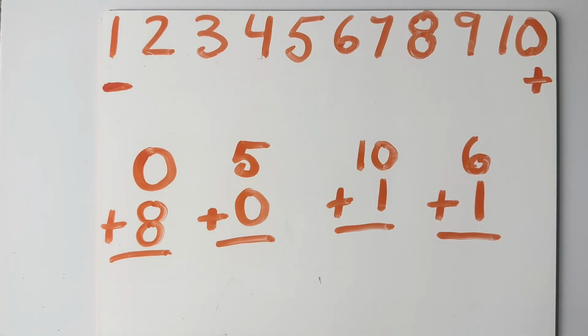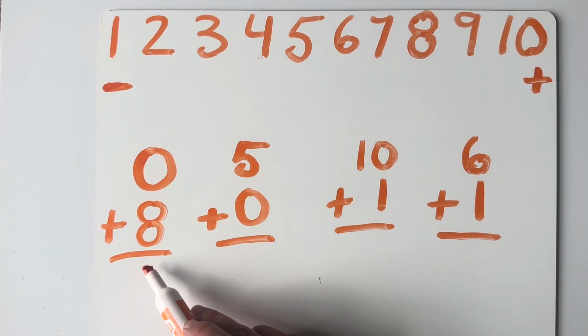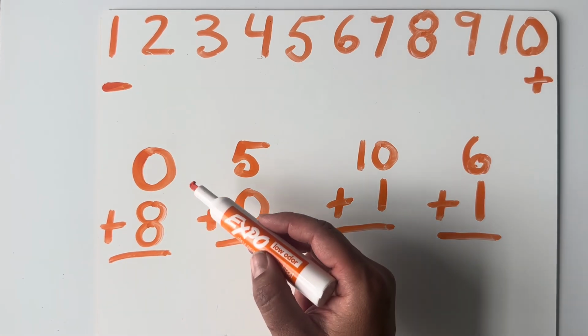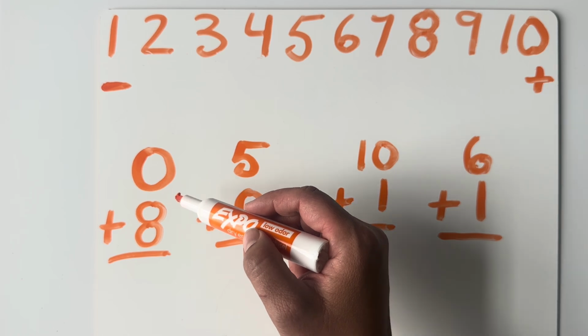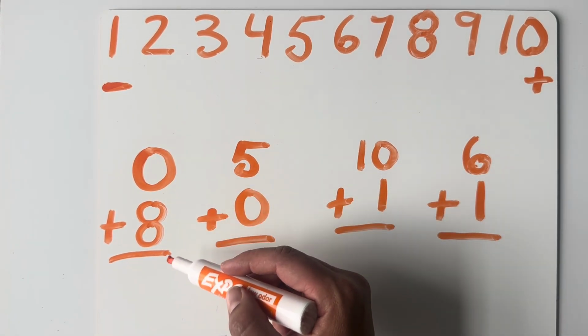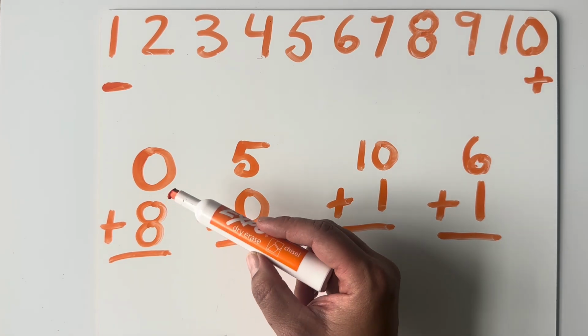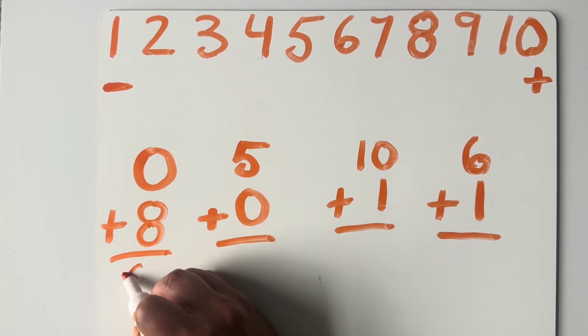Let's review 0 plus really quick. How does the 0 plus song go, Brendan? 0 plus a number equals that number. That's a really important line to memorize because what it's saying is 0 plus 8 is just going to equal 8.